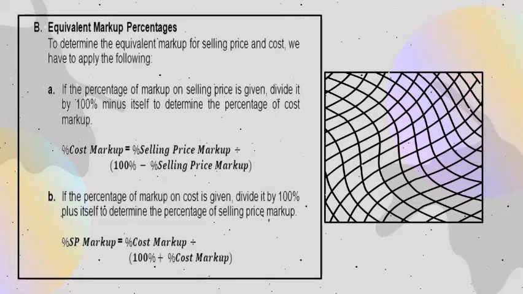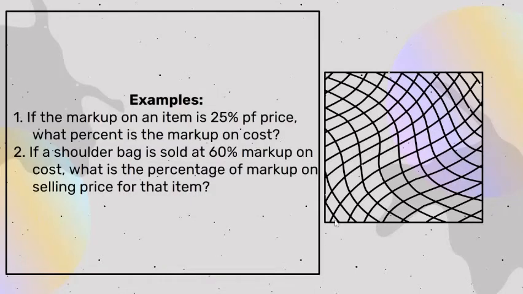Second, if the percentage of markup on cost is given, divide it by 100% plus itself to determine the percentage of selling price markup. Let's try two examples for the equivalent markup percentages.